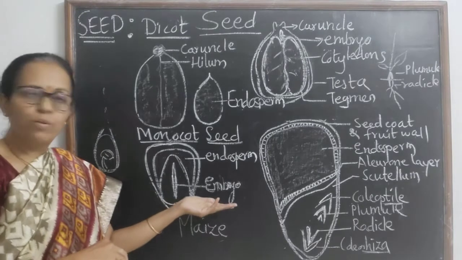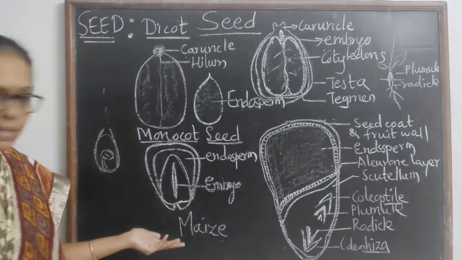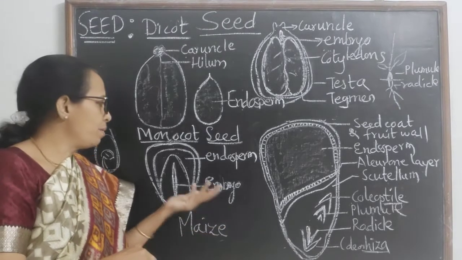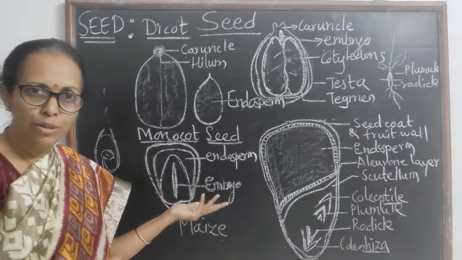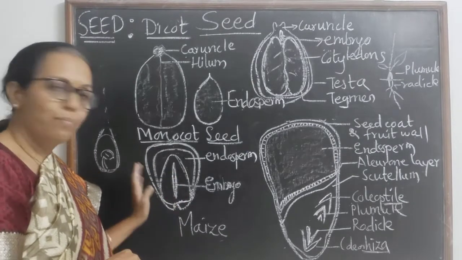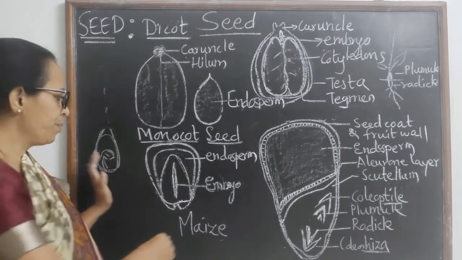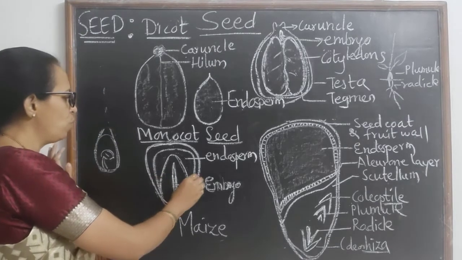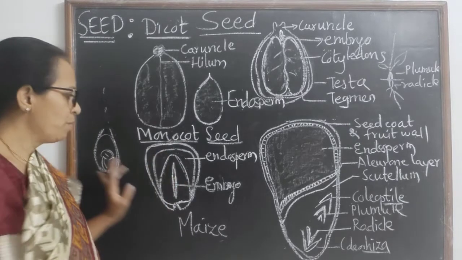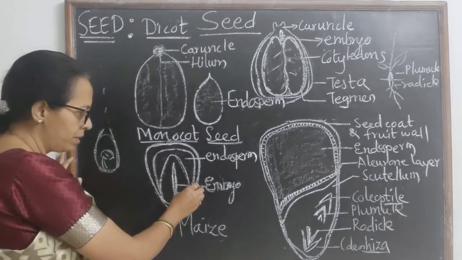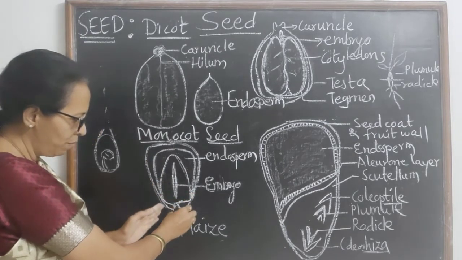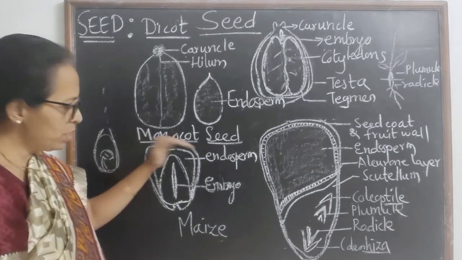While in the case of monocots, the cereals like maize, jowar, rice or wheat form these monocotyledons. Here we have taken the typical example of maize, where externally you are observing the structural arrangement in a rough sense. The seed shows one end which is tapering and one end which is broad.